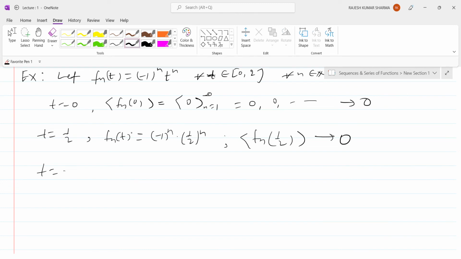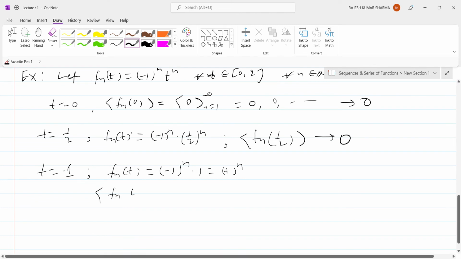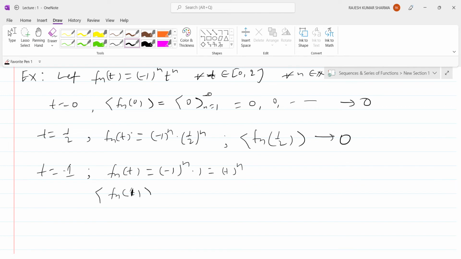At t is equal to 1, f_n(t) equal to (minus 1) to the power n into 1, that means (minus 1) to the power n. The sequence f_n(1) is not convergent.